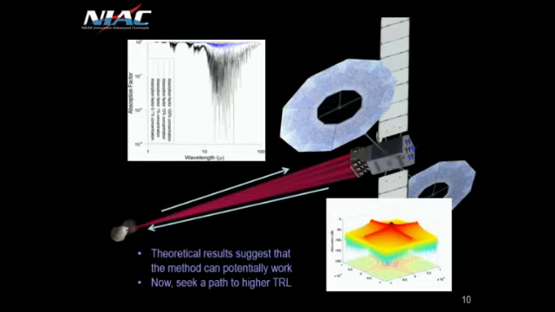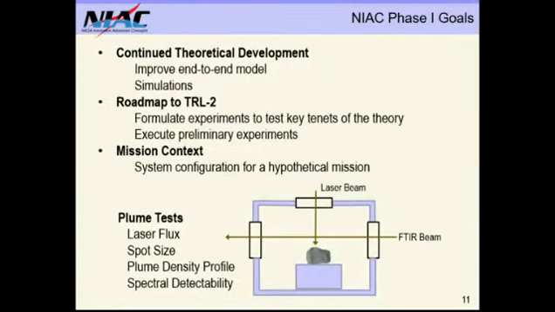Where do we go from here? Well, we need to get into the laboratory and do some experiments, and that's what we're going to hopefully do in phase 1. And so I've sketched out some phase 1 goals here, which include continual theoretical development of our models and different cases and simulations to see different substrates and whatnot.